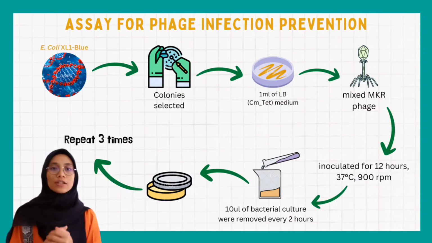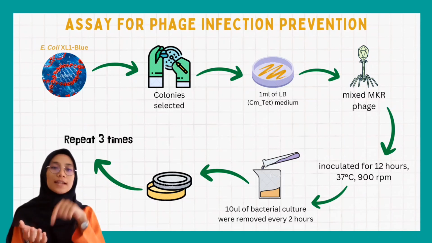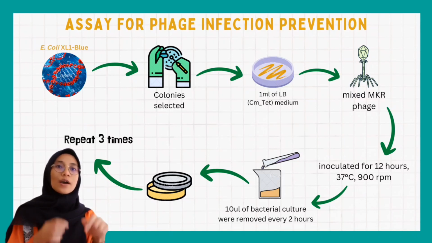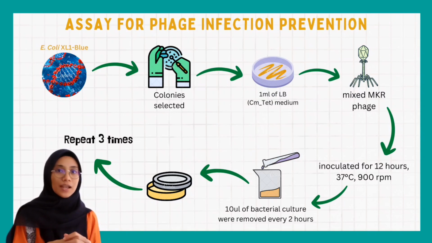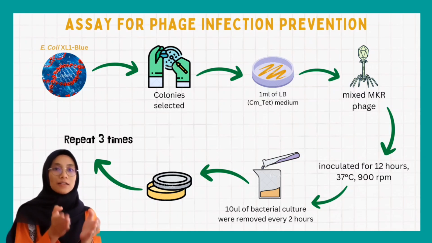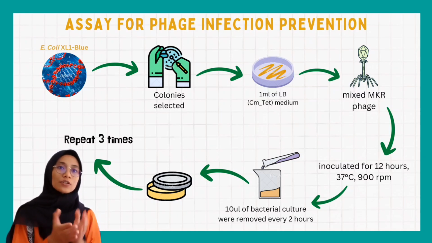This research continued with the assay for the phage infection prevention, where the colonies of E. coli SL1 blue were selected and inoculated into 1 ml of LBCM-TET medium, and then mixed together with the MKR phage solution for the infection. This cell culture was incubated for 12 hours at 37 degrees Celsius at 900 RPM.